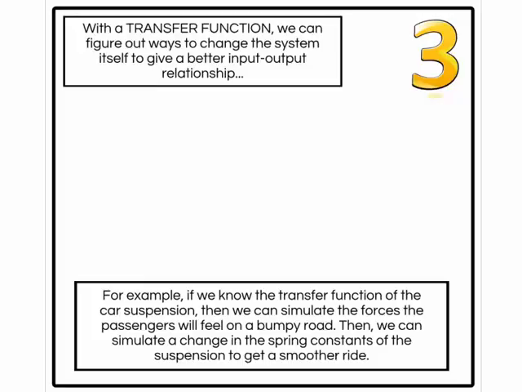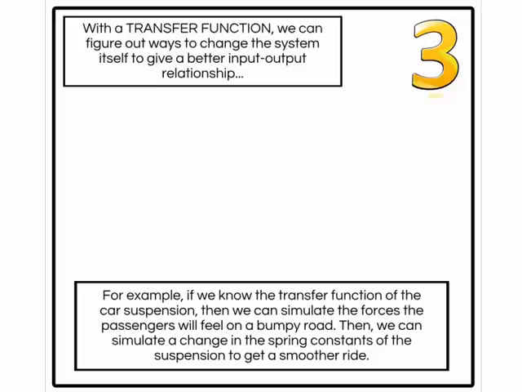Remember in the example of the transfer function that we saw earlier, some of the variables in the transfer function were parameters of the system, the spring constant K and the damping B. If we know the transfer function, we can figure out what values of K and B will give the passengers a nice ride even when the road is bumpy. This kind of operation is very important when we are doing system design or machine design.